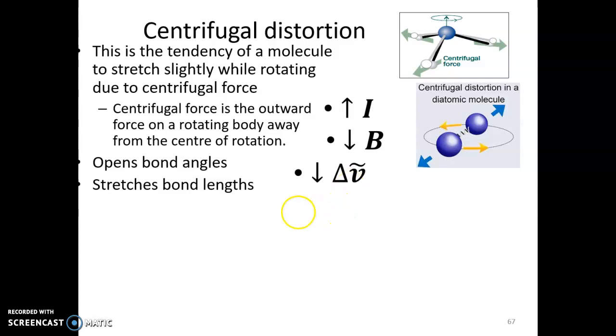So the energy level for a non-rigid rotating system is given as B into J(J+1) minus D into J squared (J+1) squared. If you recall, the first term is the only one for a rigid rotor.